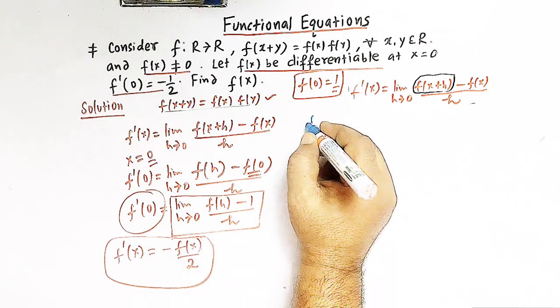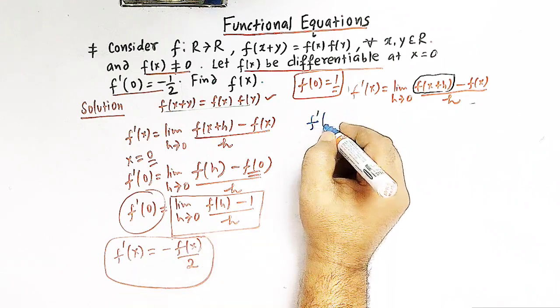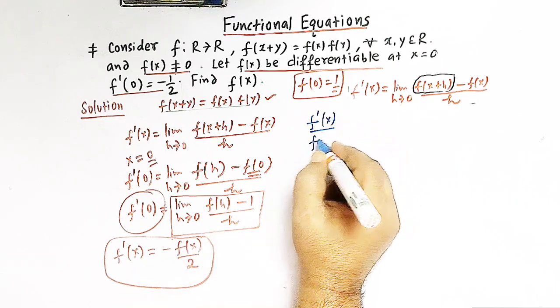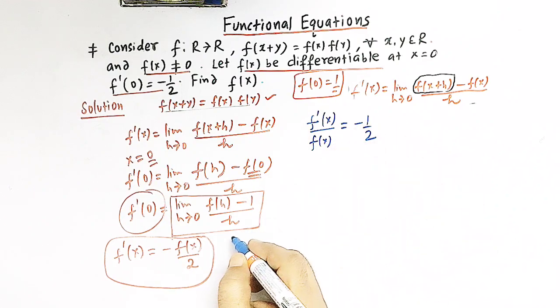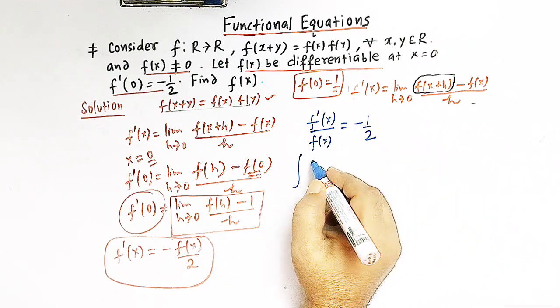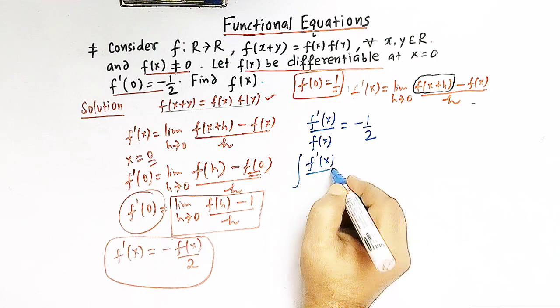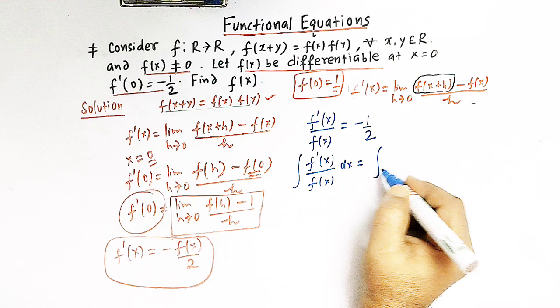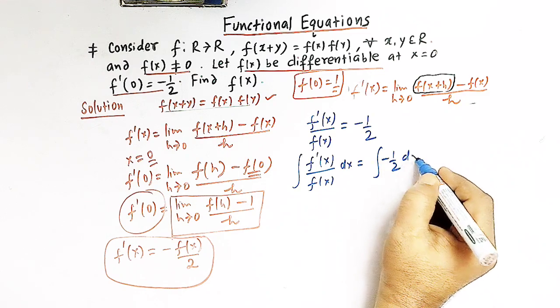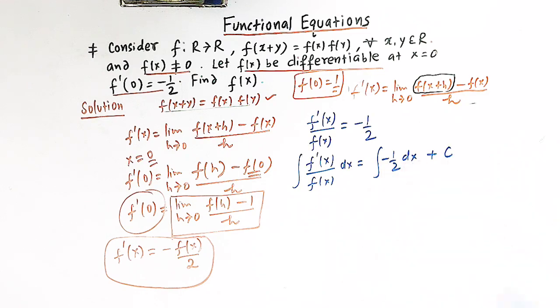So here we can rewrite this equation as f prime of x over f of x is equal to minus half. And now let us integrate both sides with respect to x, so here we have dx, and here we have minus half dx, and c is the constant of integration.